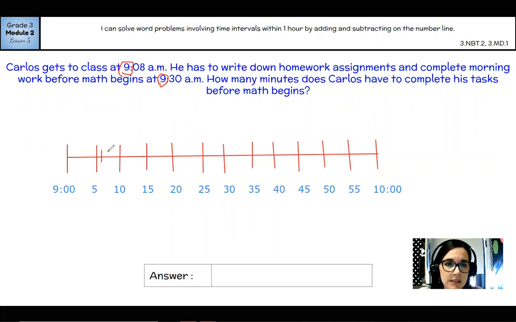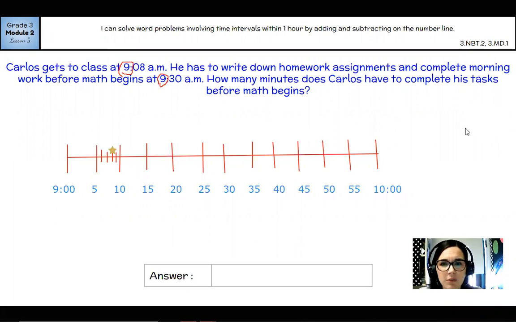So 6, 7, 8, 9. And Carlos gets to class at 9:08. 5, 6, 7, 8. So that's why I'm going to mark that he gets to class.